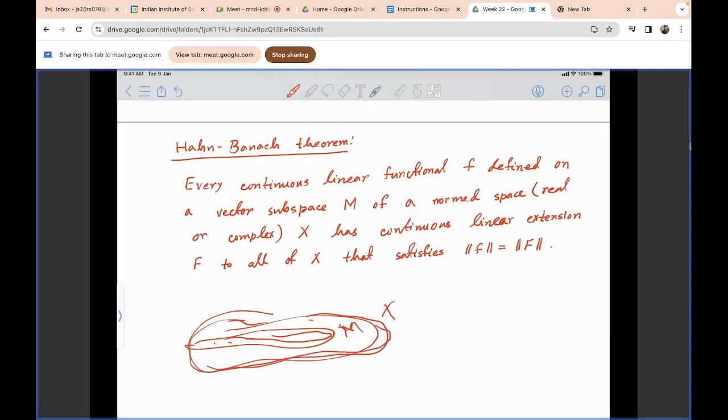So you can extend the linear functional small f to a capital F defined on all of X and the norm will be the same. So this is the Hahn-Banach theorem.